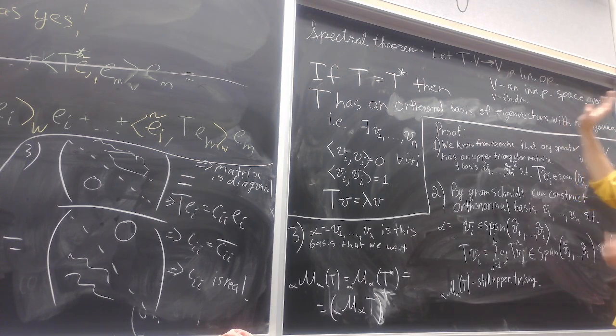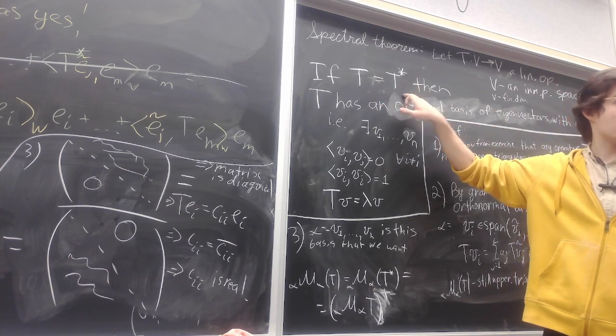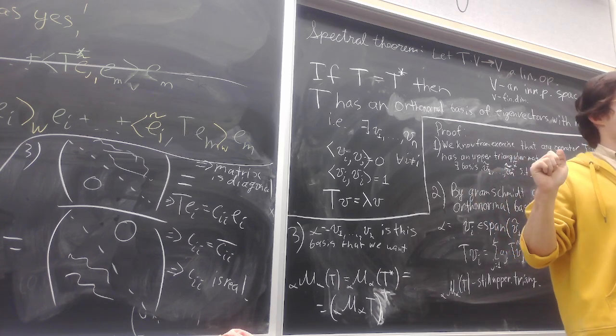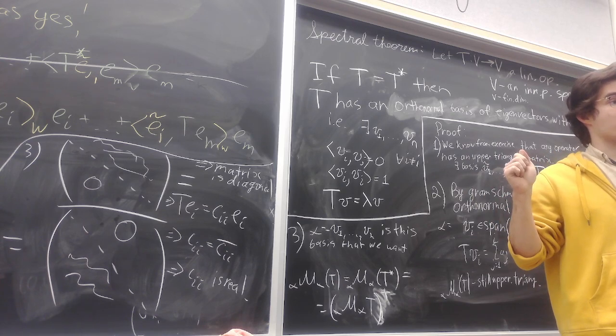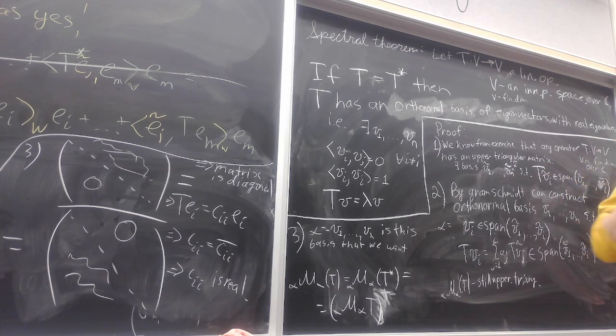So, if you have any linear operator over an inner product space over C, and this operator has the cool fact that T equals T star, that means there has to be an orthonormal basis of eigenvectors with real eigenvalues.